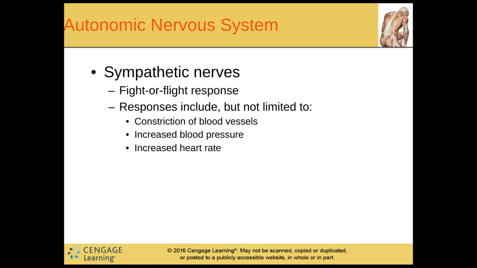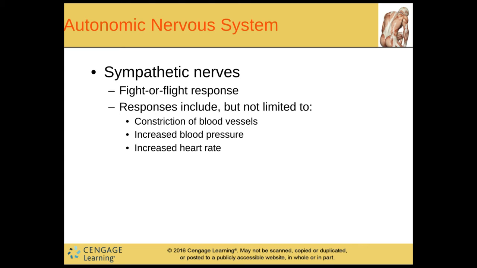So the autonomic nervous system, these sympathetic nerves, this is a fight or flight response. I don't know if you guys have ever heard that term, fight or flight, right? That's if you're put in a situation, right? A lot of times the example used is a dangerous situation, right? What is your response? Do you leave, which is flight, right?